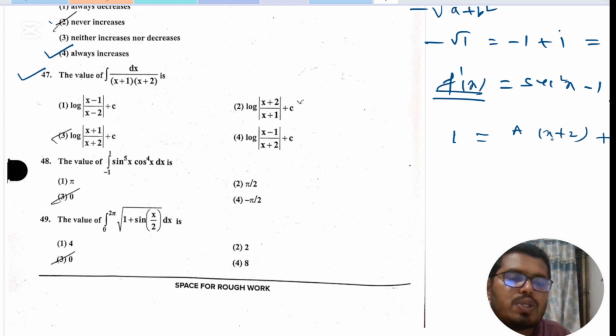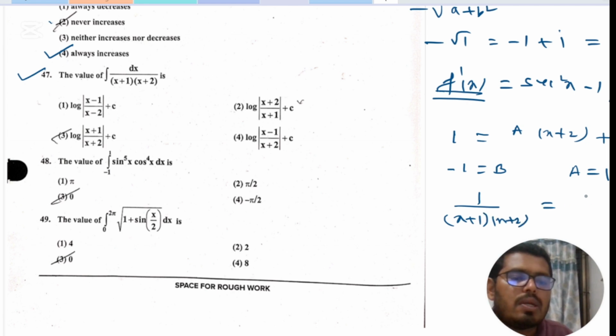Put x equal to minus 2, then b is equal to minus 2 plus 1, which is minus 1. Then put x equal to minus 1, then it is minus 1 plus 2 which is 1, so a is equal to 1. Therefore 1 divided by x plus 1 into x plus 2 is equal to 1 divided by x plus 1 minus 1 divided by x plus 2.